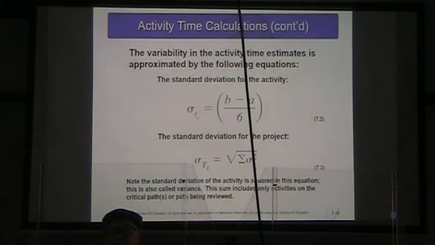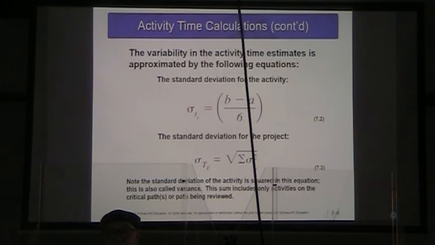We can figure our variability in activity time estimates by saying our standard deviation of our PERT time estimate is going to be equal to our pessimistic minus our optimistic, divided by 6.